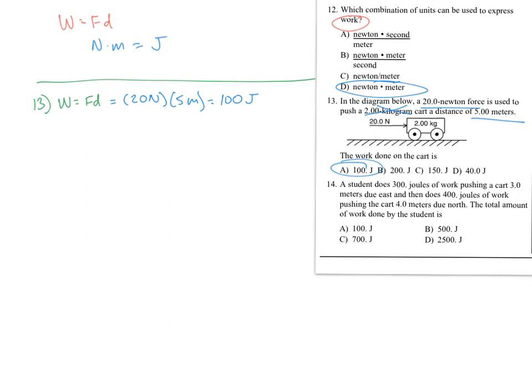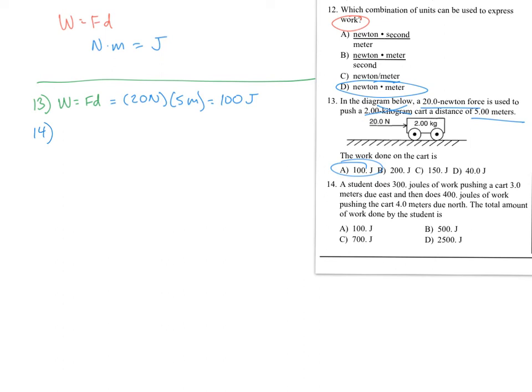Okay, so I want you to be careful with number 14 here. We have a student doing 300 joules of work going 3 meters east, and then 400 joules of work going 4 meters north. So we're looking for the total amount of work done.